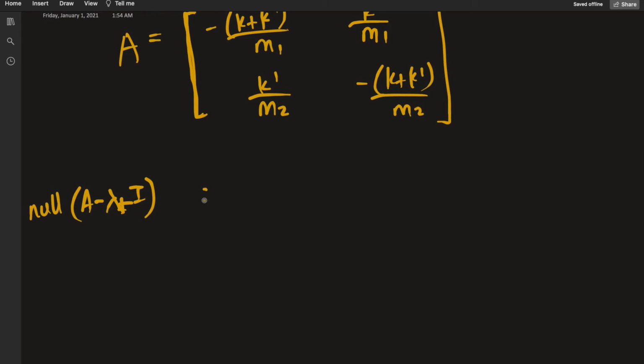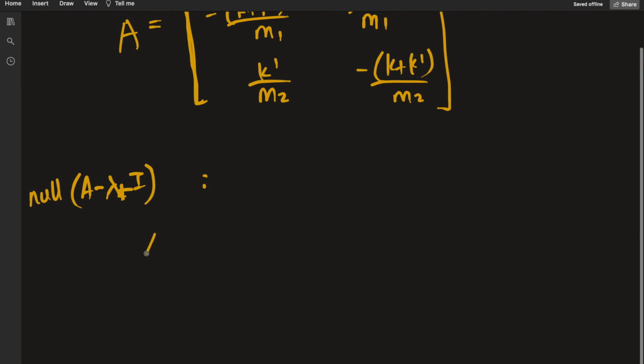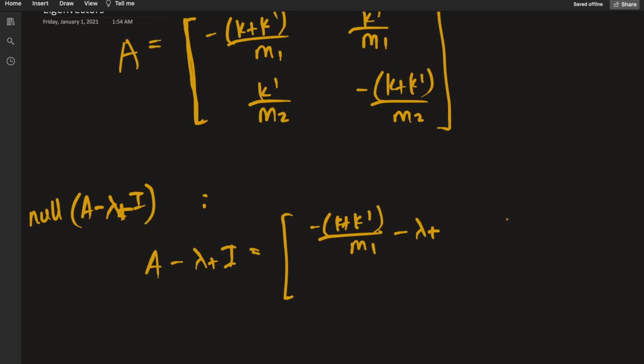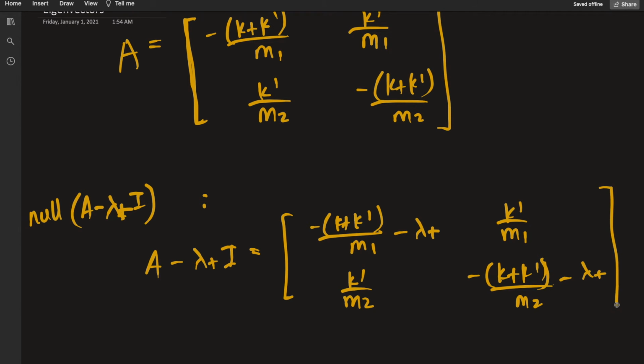Okay, so for doing that, A minus lambda plus I just becomes the matrix: negative (k plus k prime) over m1 minus lambda plus, k prime over m1; k prime over m2, negative (k plus k prime) over m2 minus lambda plus.